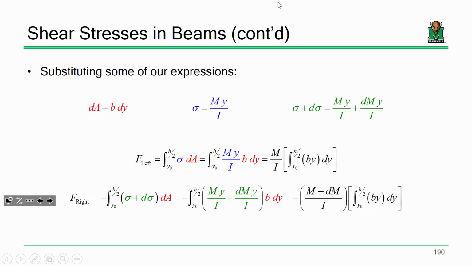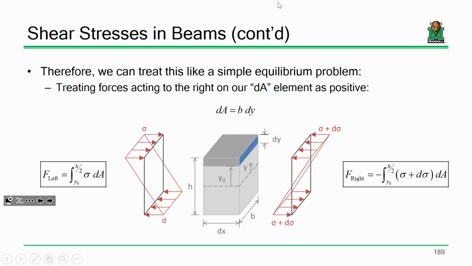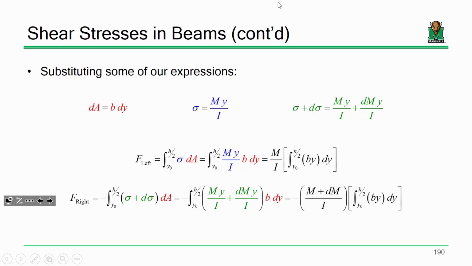Now, if I substitute some stuff, my differential element is b dy. I've got that in red, so if this is a really colorful slide, bear with me. So if I look here, the force on the left is sigma dA. dA is b dy, and sigma is My over I. Plug and chug, factor out all the common stuff. This is what I got.